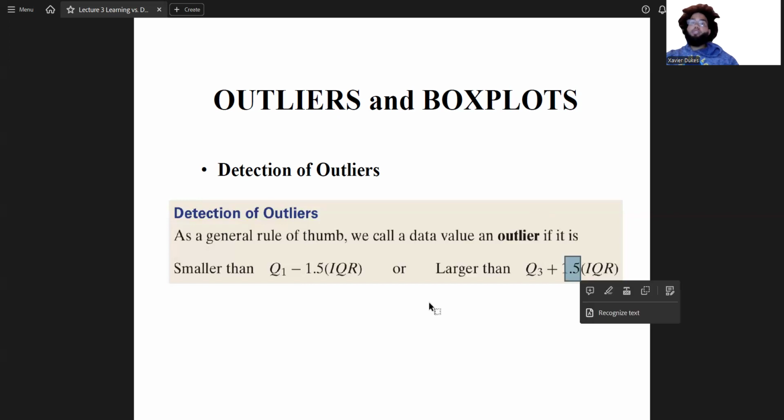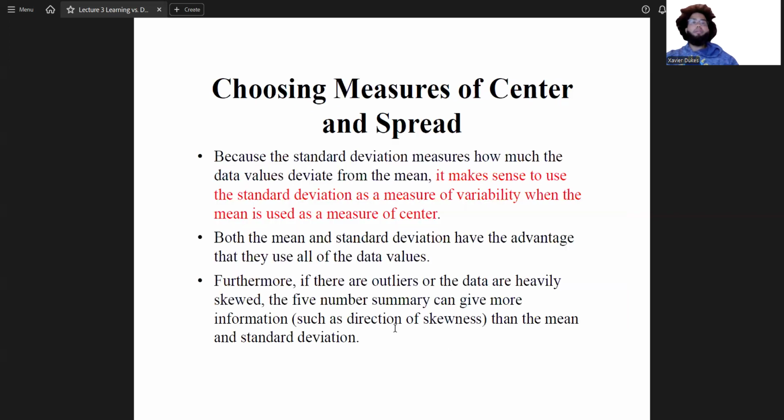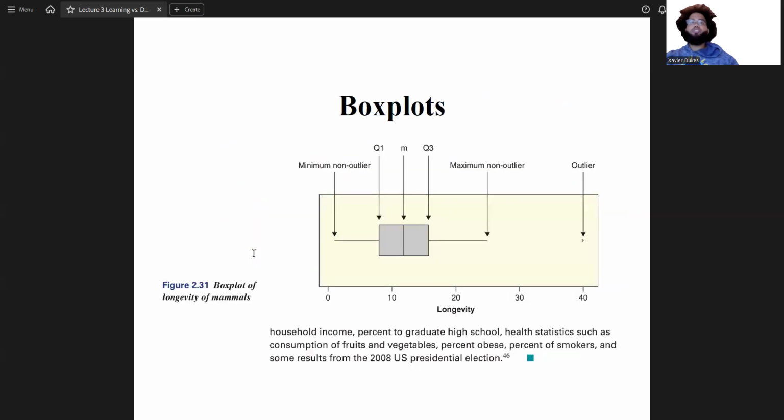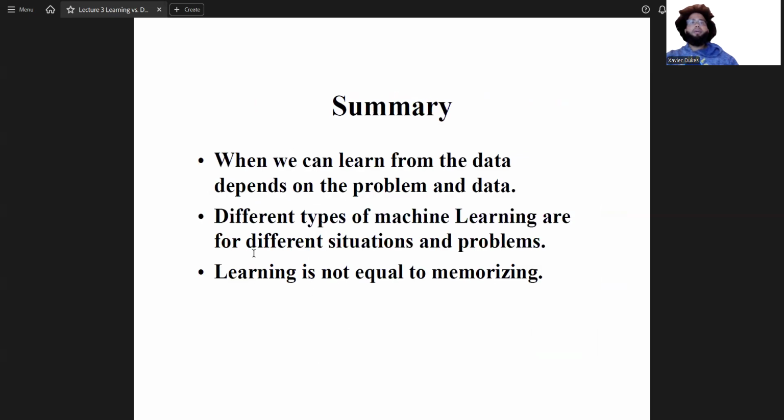I don't actually know why we use 1.5. I might be a little curious regarding that. I'm sure it's not just an arbitrary number they use, but yeah.